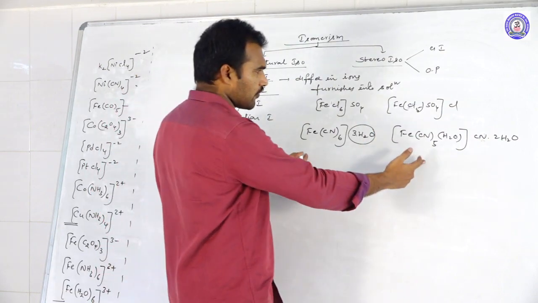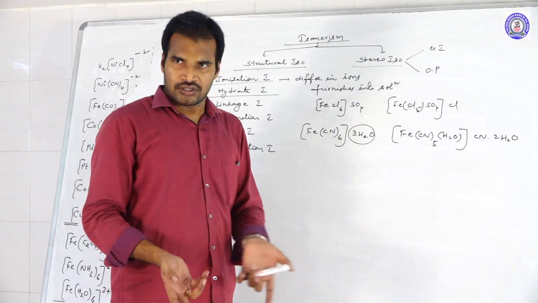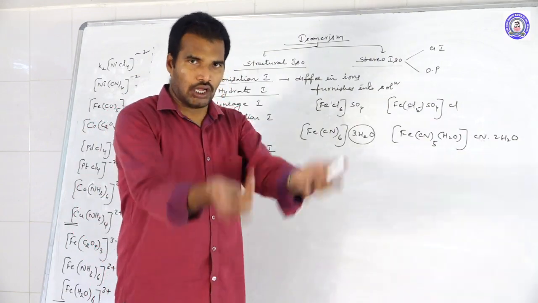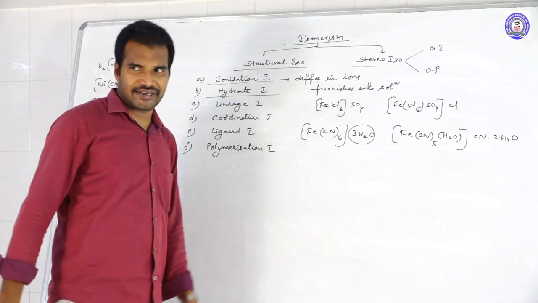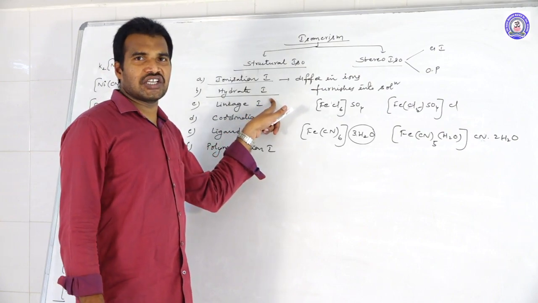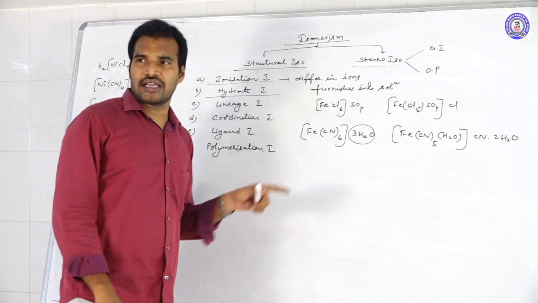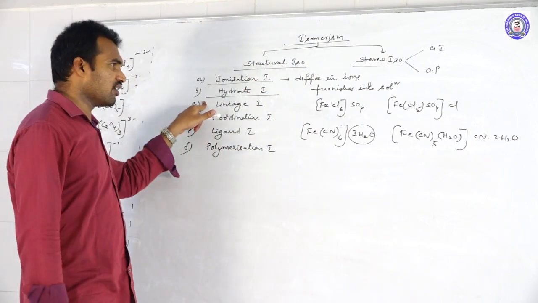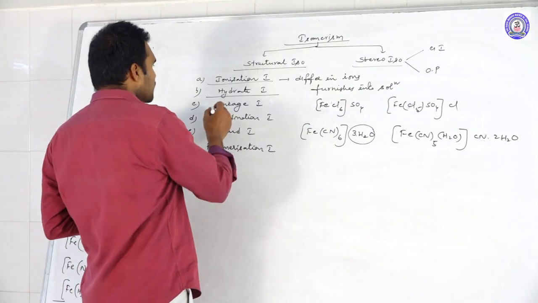This pair of isomers is formed because of shifting the water ligand from inside to outside and outside to inside. This kind of isomerism we call hydrated isomerism. Clear?